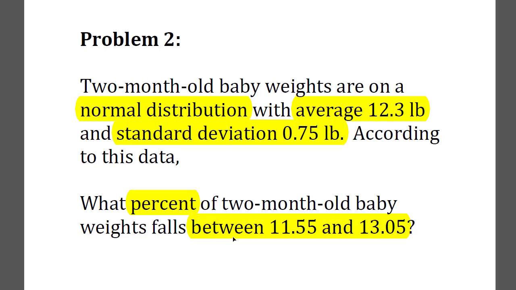What we are doing primarily is looking for what percent of the data. The data we're looking at here is no longer data 1. It is the data that has all of those 2-month-old baby weights. But still, we're looking for the percent of data that falls between this designated interval.